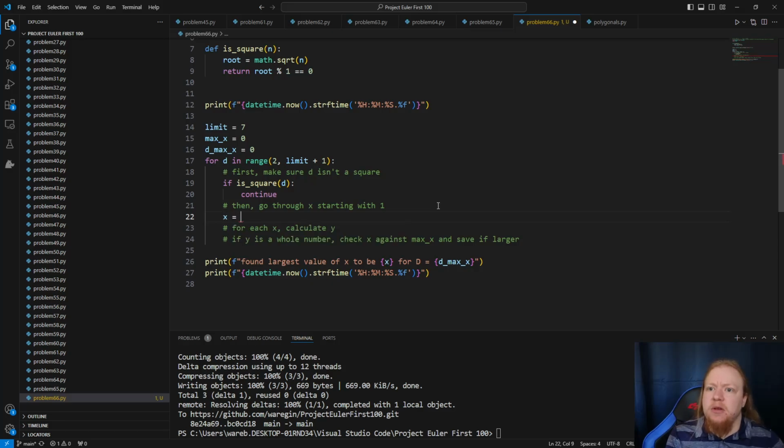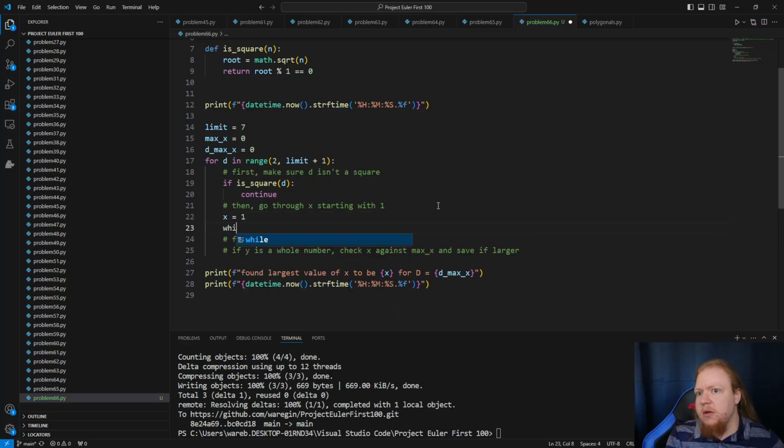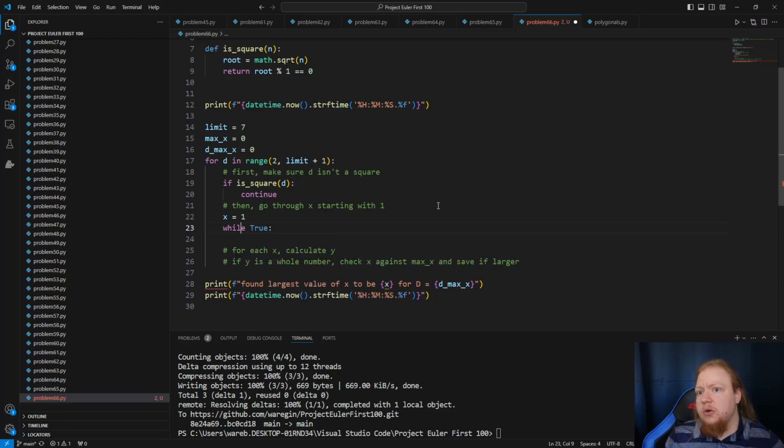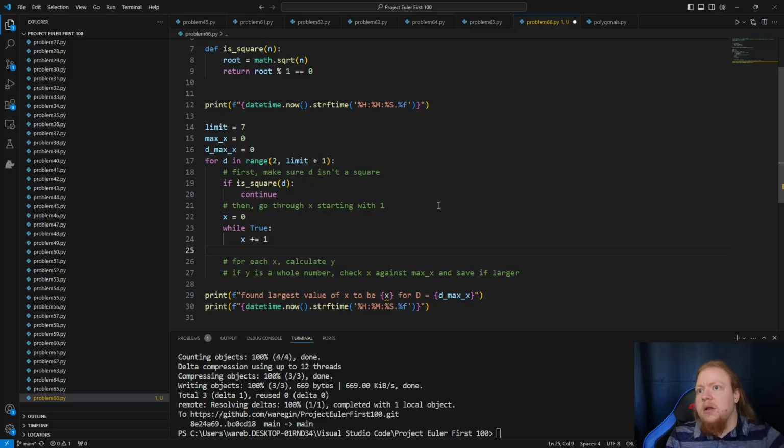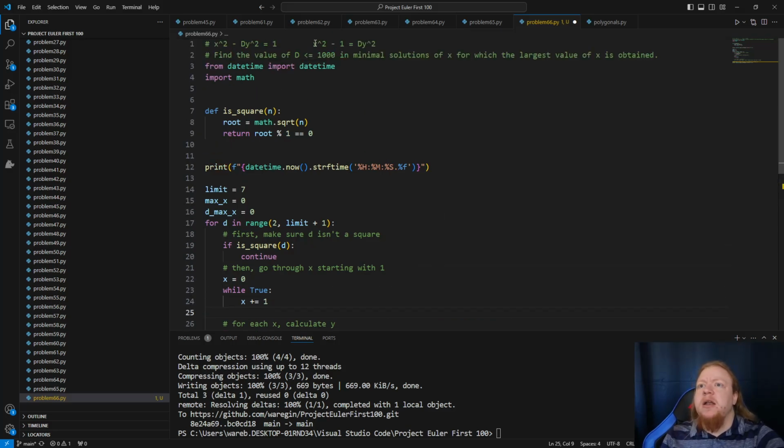And then I'm going to say x equal to 1, and while true, actually I'm going to say x equal to 0. And then x plus equals 1. And then I'm going to calculate y.